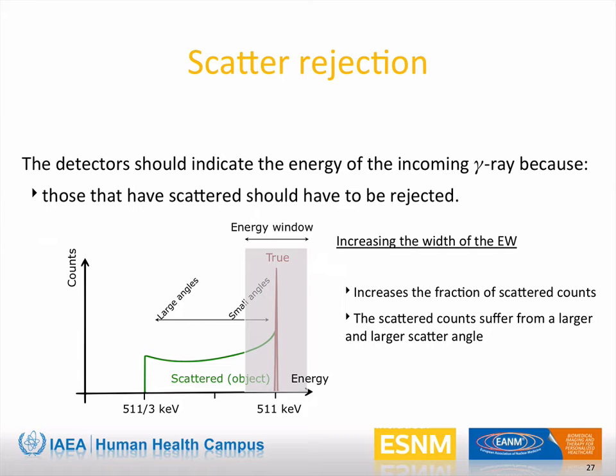A way to reject scatter events is to select the full energy peak only with an energy window. Obviously, increasing the width of the energy window increases the fraction of scattered counts, and the included scatter counts suffer from a larger and larger scatter angle, thus largely degrading the image.